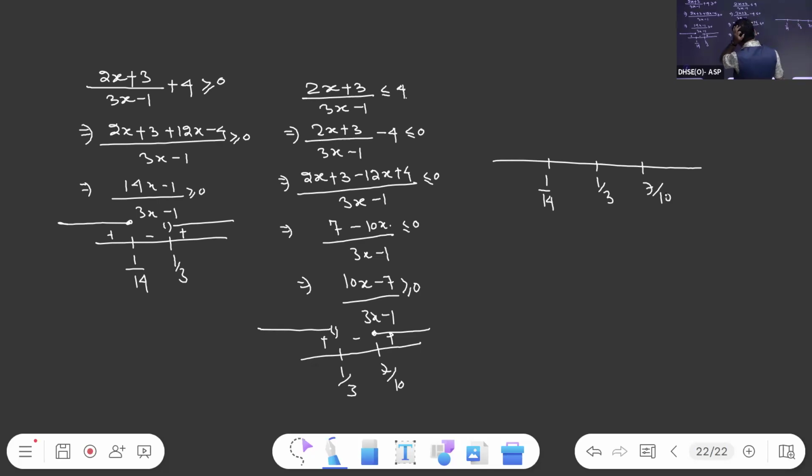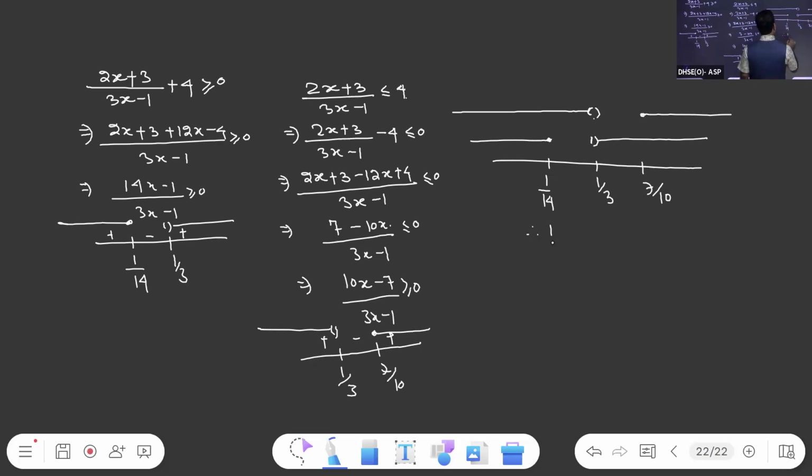The solution of the first inequality is (−∞, 1/14] union (1/3, ∞). The second solution is (−∞, 1/3) union [7/10, ∞). So what is the intersection region? Minus infinity to 1/14.